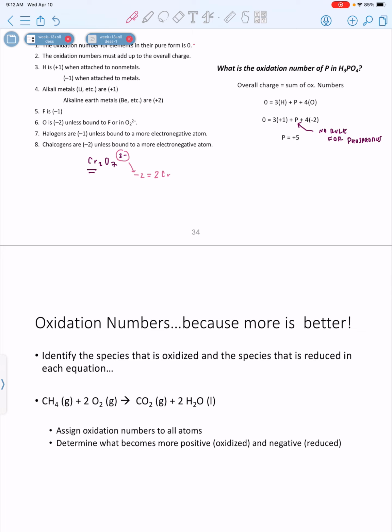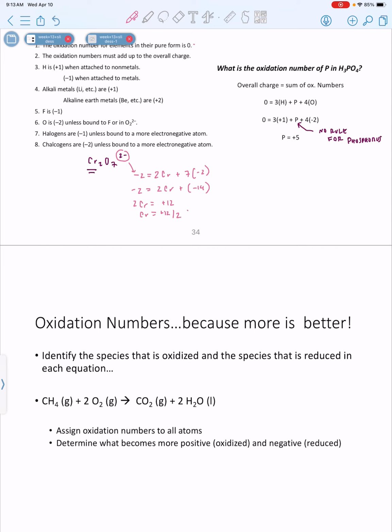And I have 7 oxygens at -2 apiece. So -2 is equal to 2 chromiums plus -14. 2 chromiums equal plus 12. The charge on chromium is plus 12 over 2 equals plus 6.